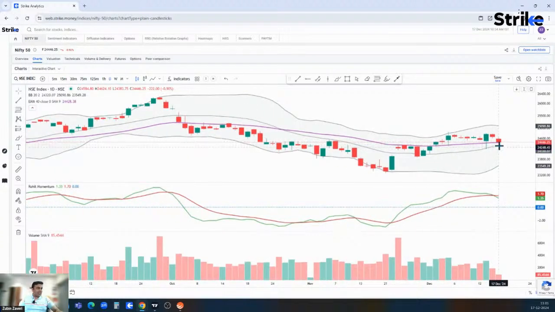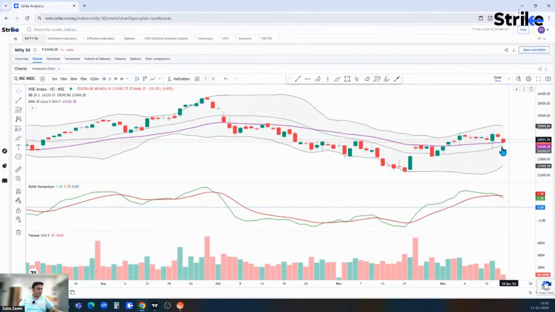It is seen taking support from this 40 EMA, the purple line over here. Immediately below, around 24,440 is the support level for Nifty, and 24,300 is a very strong support for Nifty on this daily chart.